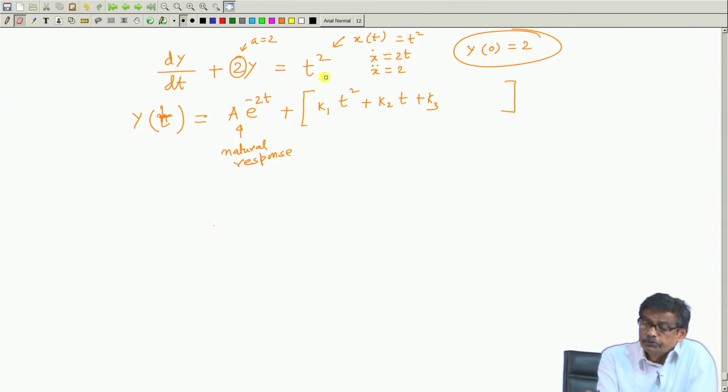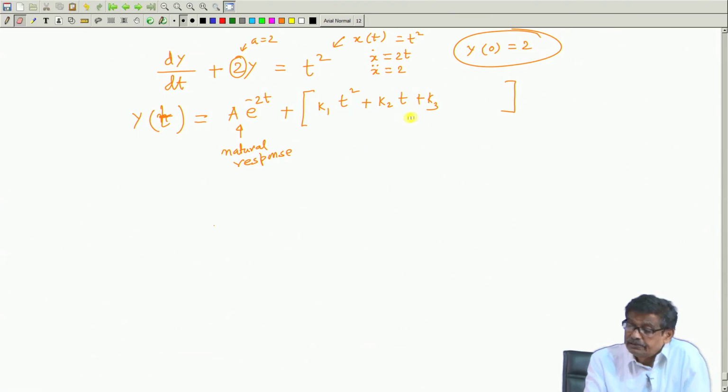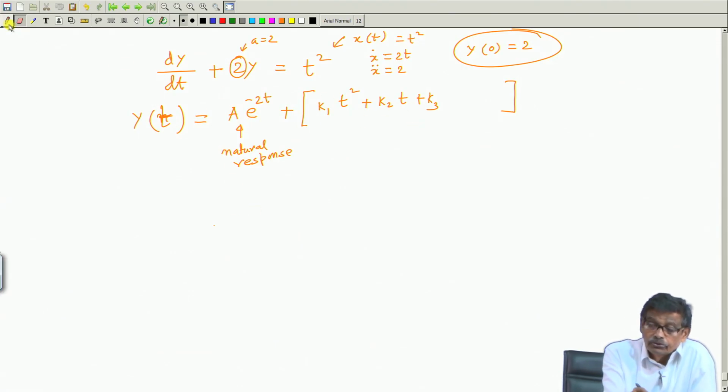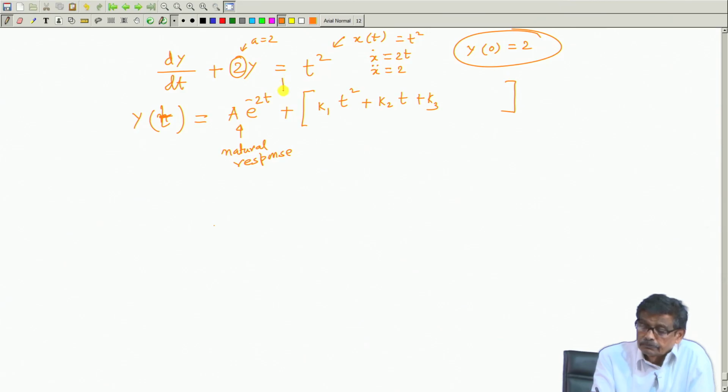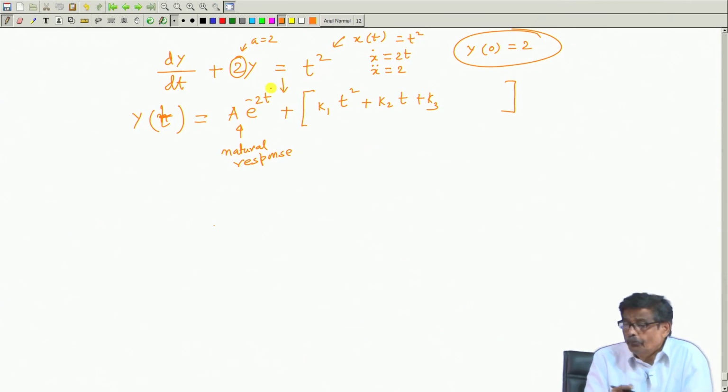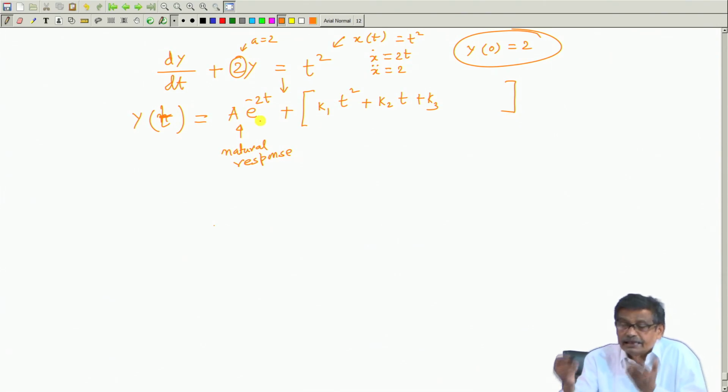So, the differential equation is given, and the nature of the solution I will write in one stroke, with no wastage of time. This is the natural response. Now, the big question is how to find these constants A, k1, k2 and k3. So, it ends here.